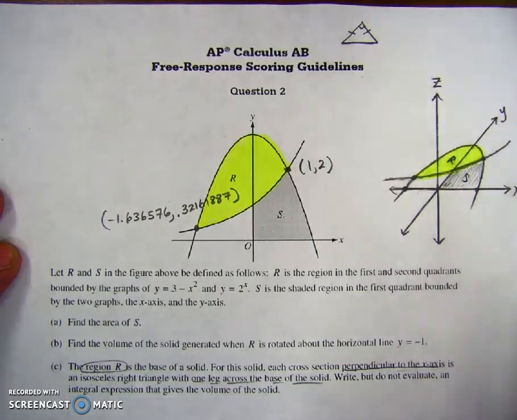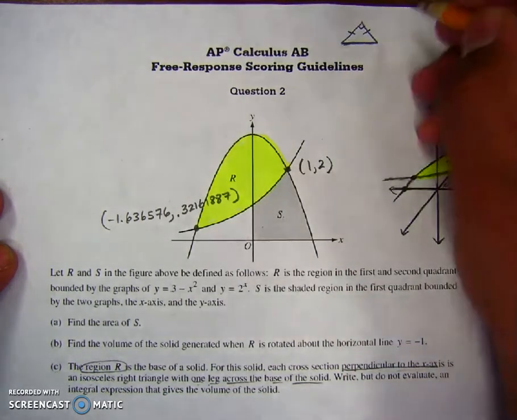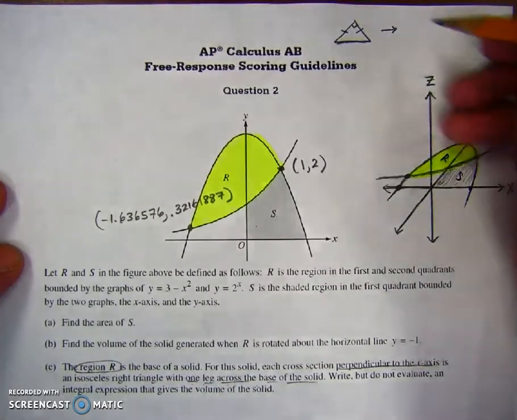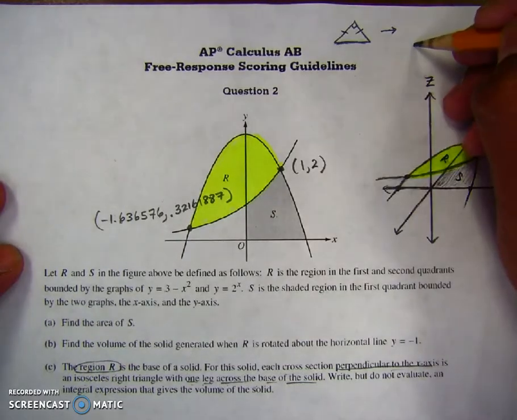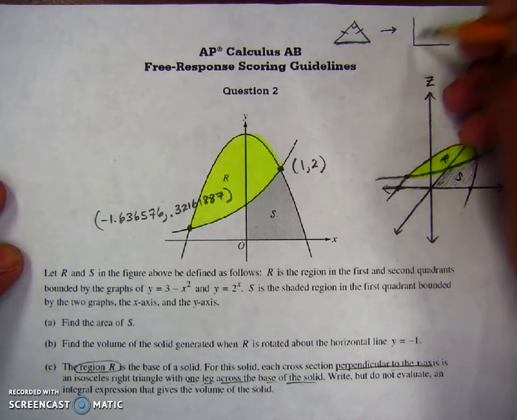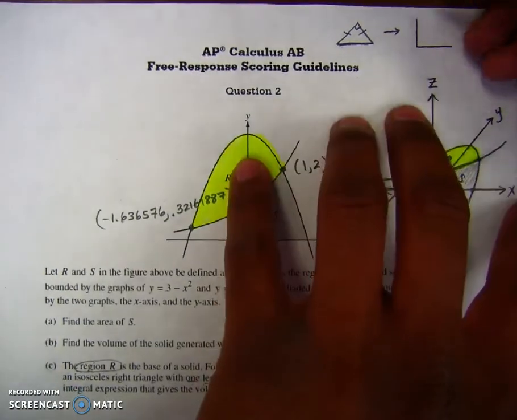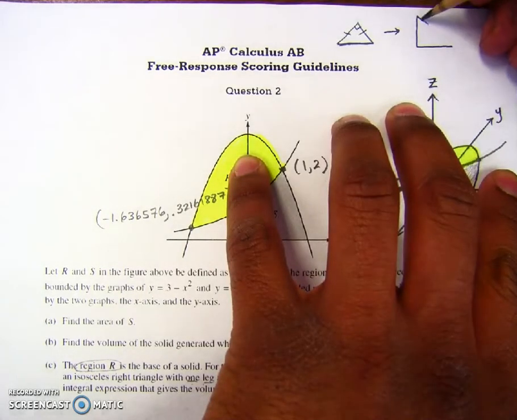However, if we want one leg across the base of the solid, we don't want the base to be the hypotenuse. What I'm going to do is rotate this so that one of the legs is the base. That makes the other congruent side the height.